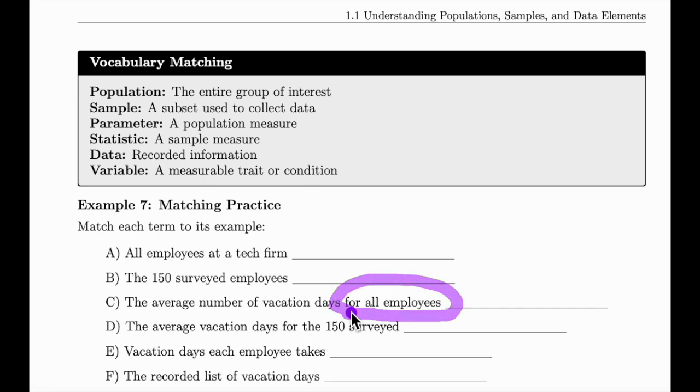When that value comes from the entire population, then that value represents a parameter. It's a number that summarizes the entire population. So for Part C, this is going to be the parameter.